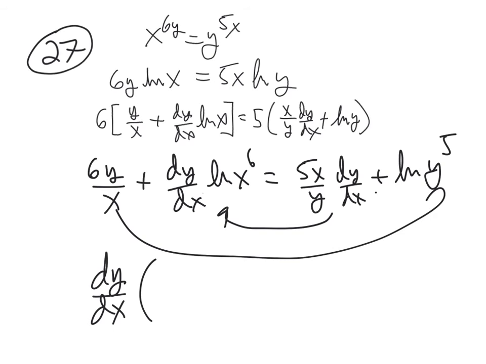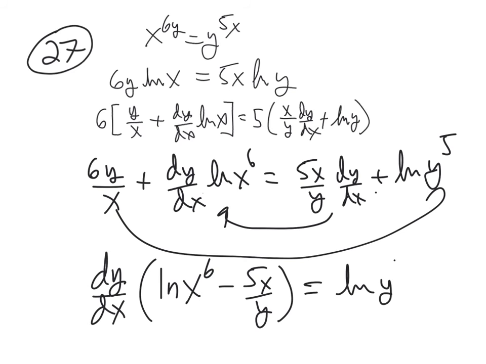So ln x to the 6th minus 5x/y, okay, I hope you see that, equals ln y to the 5th minus the 6y over x.